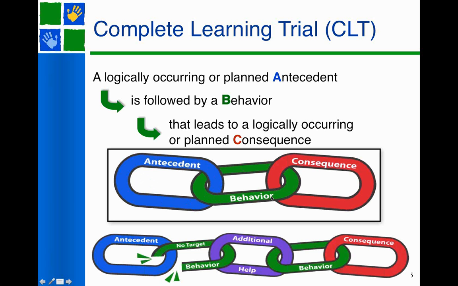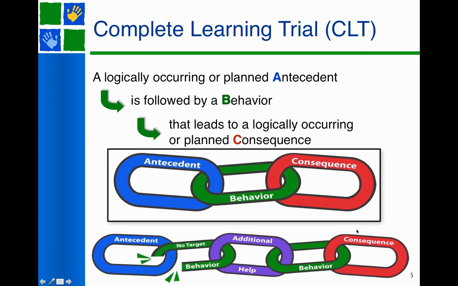And then this would be the learning target behavior itself. And this would be followed by a logical or planned consequence that follows the learning target behavior. And so we talk about that as an A, B, C, or an antecedent, behavior, consequence. That's one type of complete learning trial.